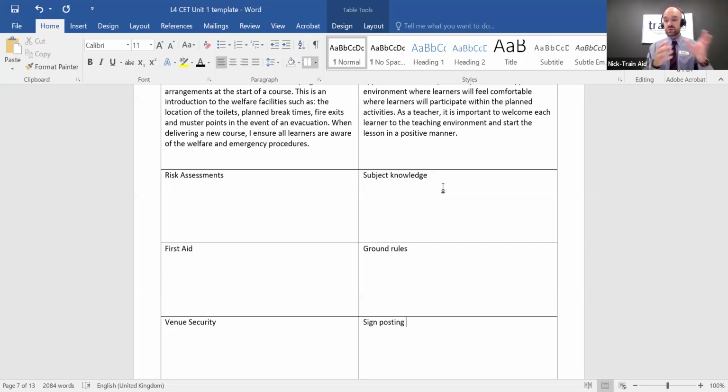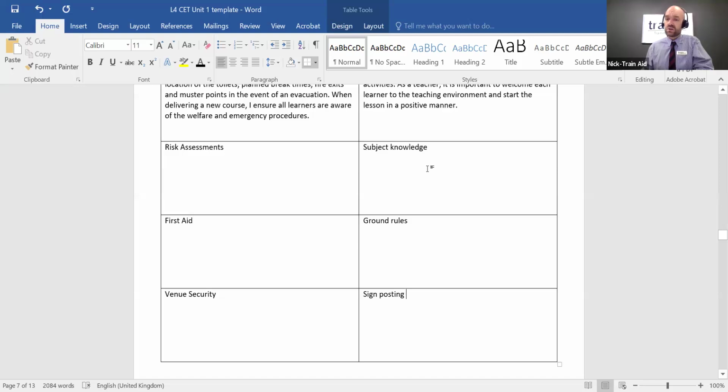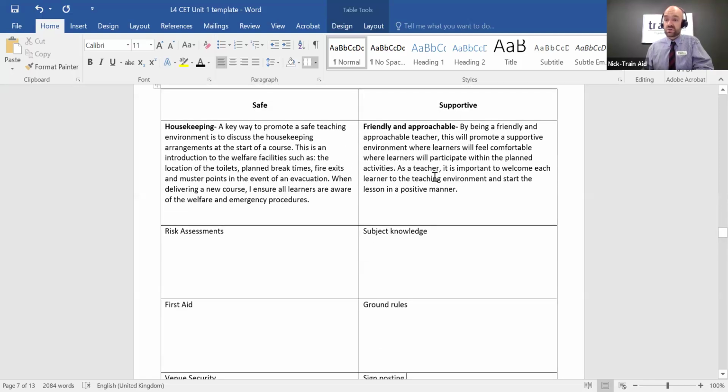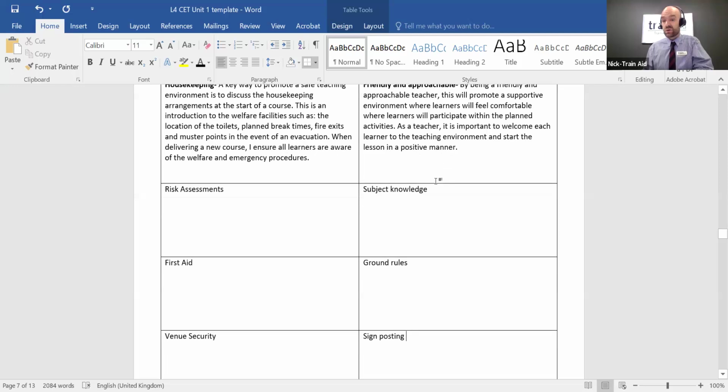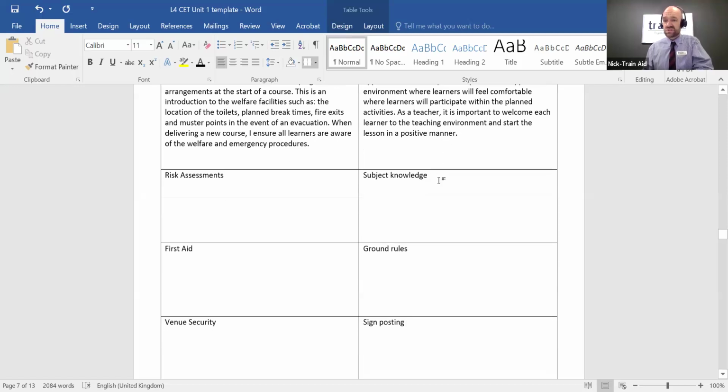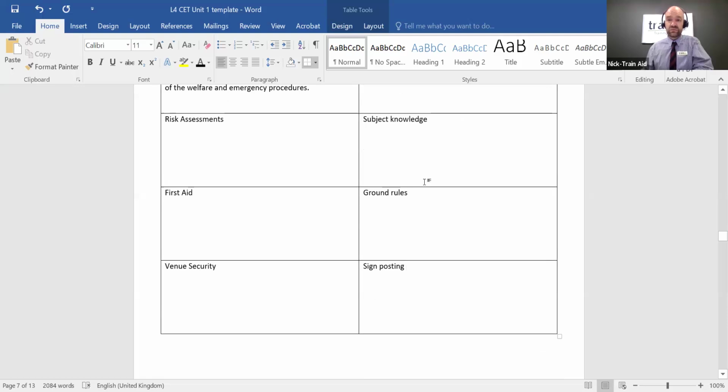You can watch the news or subscribe to a newsletter within your field, but your learners will feel supported if you're teaching something which is up to date. They'll respect you for it. If you're teaching something out of date, then your learners can probably see through that, and then therefore going forward, they're not really going to take you seriously as a teacher. So try to keep up to date on your game with your subject knowledge.